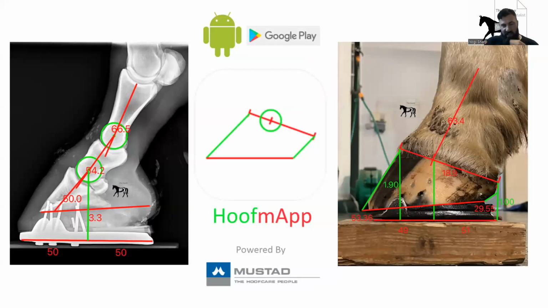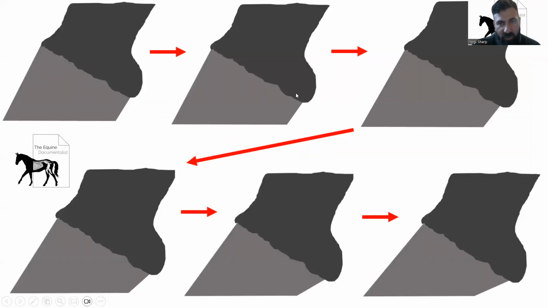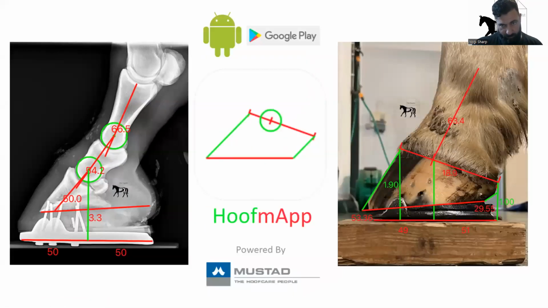So that's why I created HoofmApp, because I get asked to go and see horses all the time for second opinion. And exactly this is what's happened. We've got to this stage, and then what happens is the feet get blamed for being crap, or the farrier gets blamed for being crap.